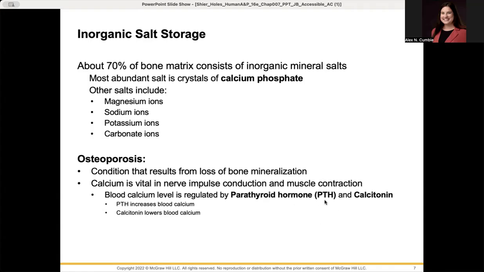And parathyroid hormone, PTH, is what's going to increase blood calcium levels. If you have low blood calcium, this means that we're using a lot of that calcium to build bone, and calcitonin is produced, and that causes an overall lowering of blood calcium levels. Both of these hormones work together, even though they are antagonists, so that they can regulate your blood calcium levels so that we are effectively remodeling our skeleton every year.